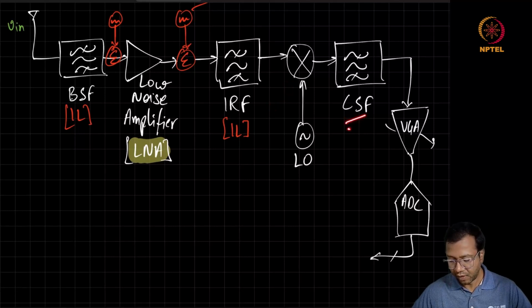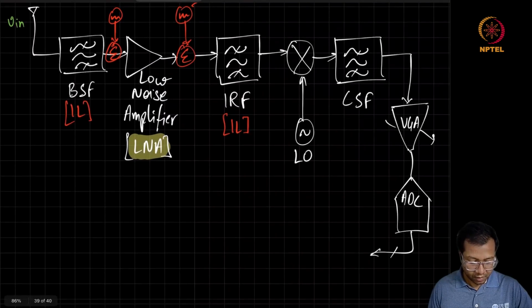And finally, we are doing channel selection in the analog domain with the help of the channel select filter. This selected signal is going to be amplified to bring it within the input dynamic range of the ADC, and finally, the ADC is going to digitize it.